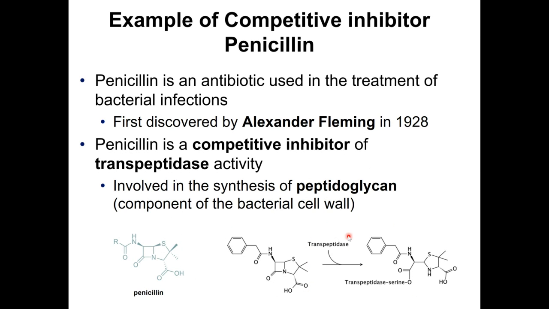So the transpeptidase will bind to penicillin the same way. And once penicillin is bound to the active site, it works as a competitive inhibitor. By doing that, obviously it will block the natural activity of transpeptidase.